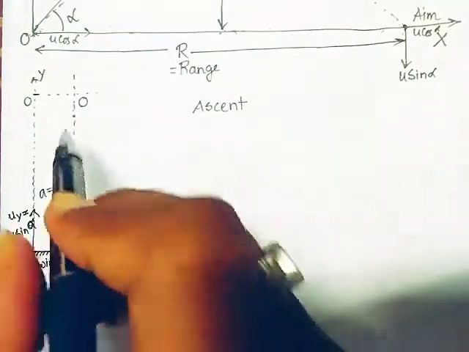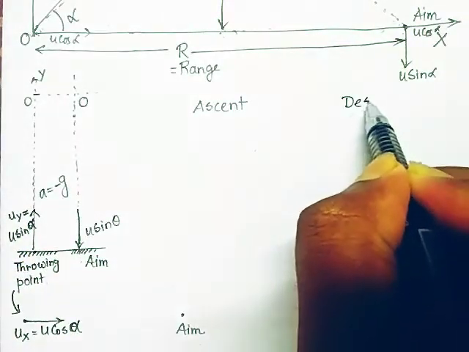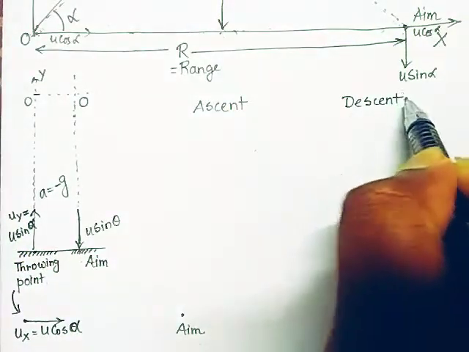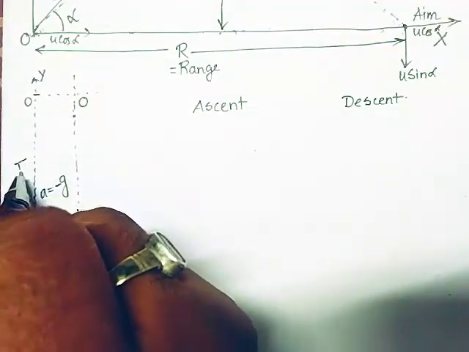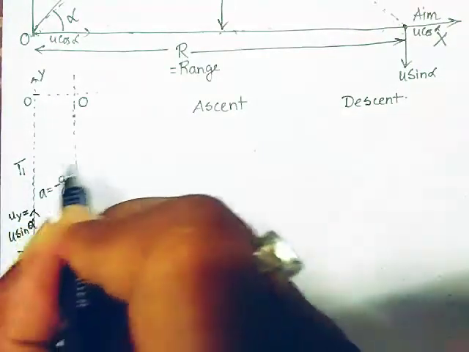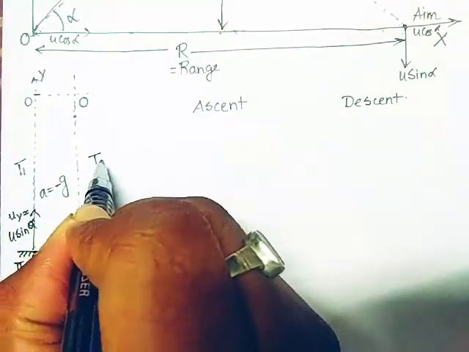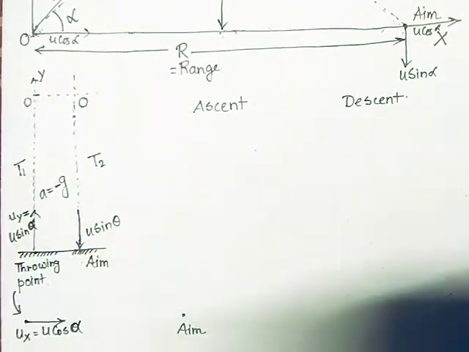When it is coming down, we consider the case of descent. In going up, if it takes time t1, then t1 is the time of ascent. In coming down, if it takes time t2, then t2 is the time of descent. Then t1 plus t2 gives the total time of flight.